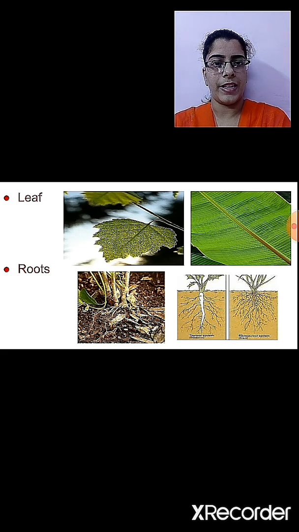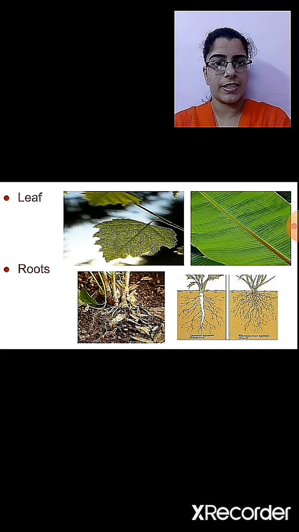After that, we have studied about the roots. The two important functions of the roots we have studied. What are the two important functions of the roots? We have seen that without roots, the plant cannot grow. And roots help in holding the plant firmly as it anchors the soil.